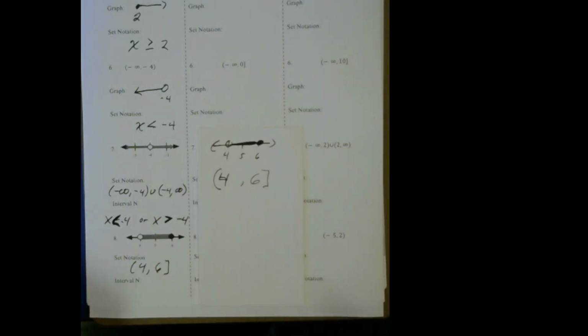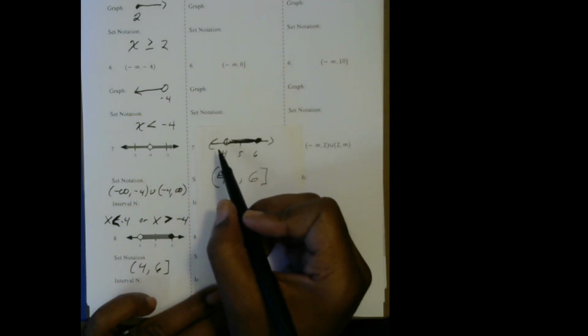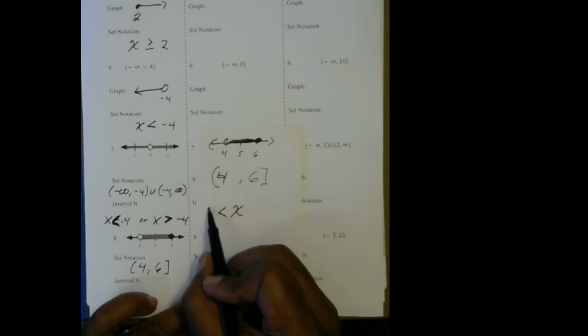Now, how to represent this in set notation? Since we're using all the numbers in between, it's a little different. So you use x, of course, but we say x, and we use the less than for this side, and then we put the 4.